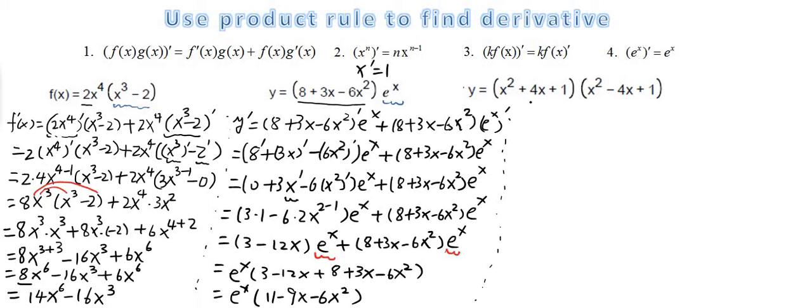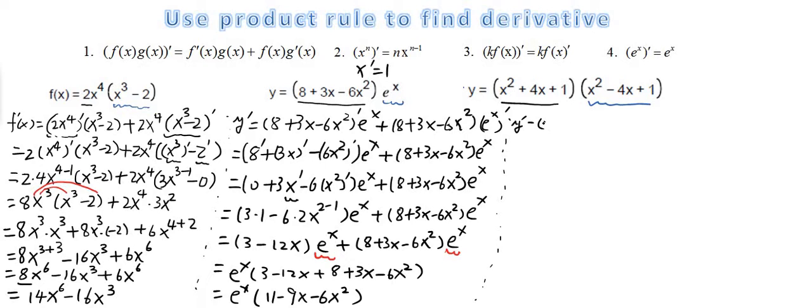Now let's take a look at the last example. For the last example, we can treat the first polynomial as the first function, and the second polynomial as the second function. Now we're going to follow the product rule.